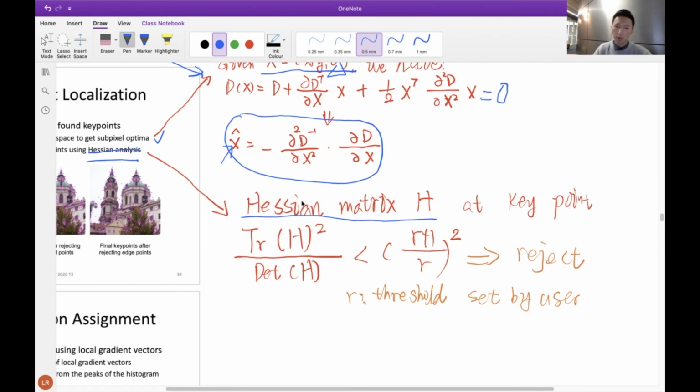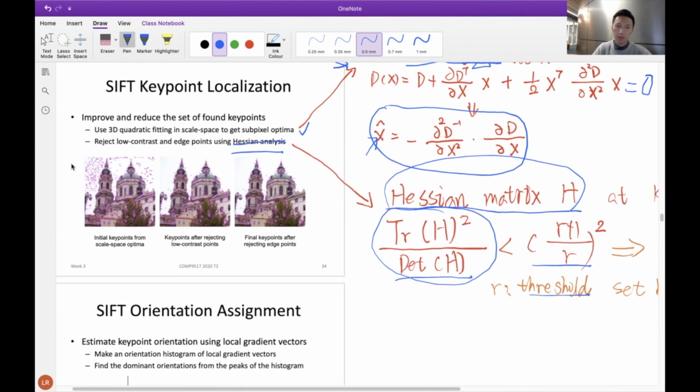But the main idea is that with such a Hessian matrix H here, we self-define a threshold R, and take the square of the trace of the Hessian matrix and the determinant of H. The ratio here should be smaller than this. If it's not, we reject it as a low contrast and edge point. Hope this video clarifies what the SIFT keypoint localization is. Thank you.